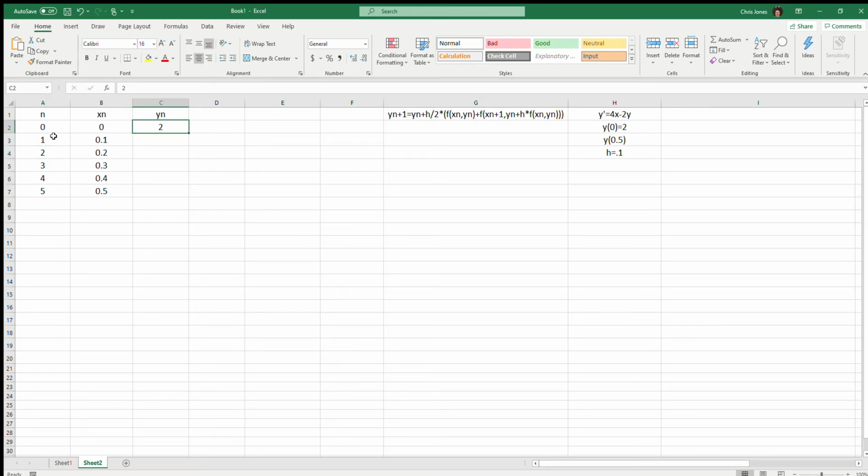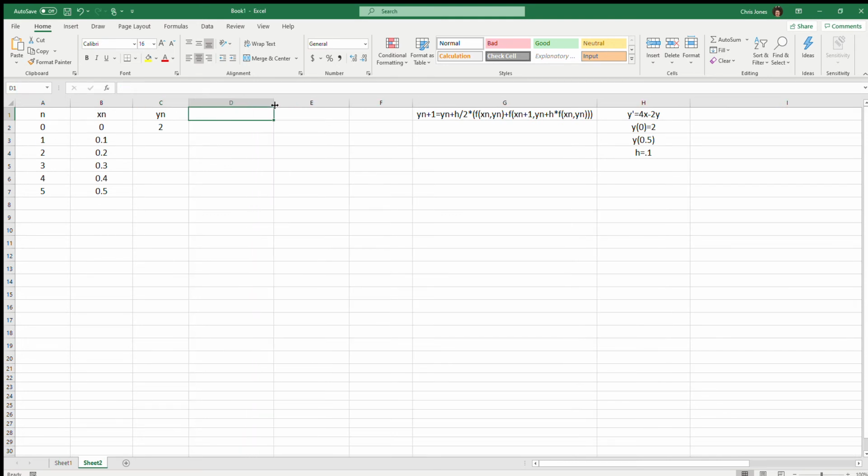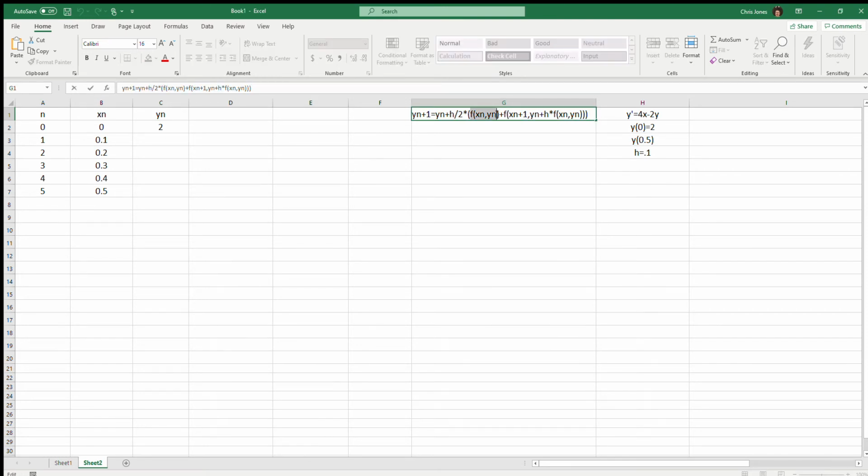Now we don't know what the next y is. If we did, then we wouldn't have to do the problem. But what we should probably do is start by finding what the next y is using the original Euler's formula. Actually, we could just find f at x and y sub n, because that's going to be part of our formula. So let's go ahead and figure that out.